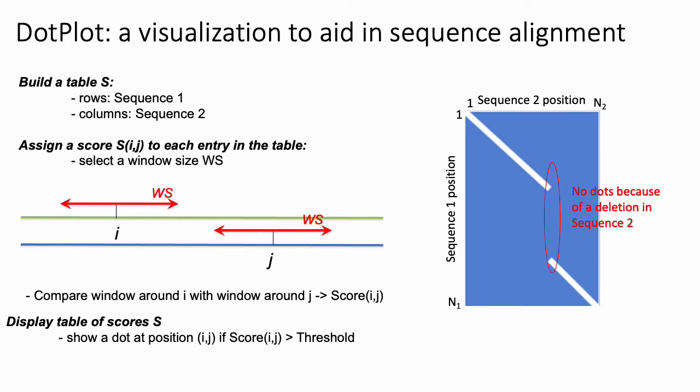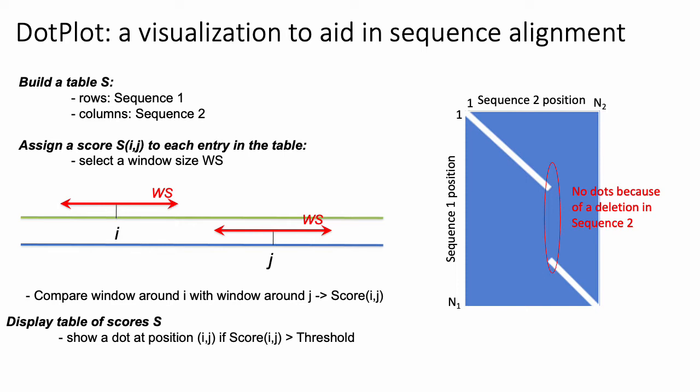If you consider the cell in this heat map at row I and column J, which I'm calling Sij here, there are only two possible values for Sij.